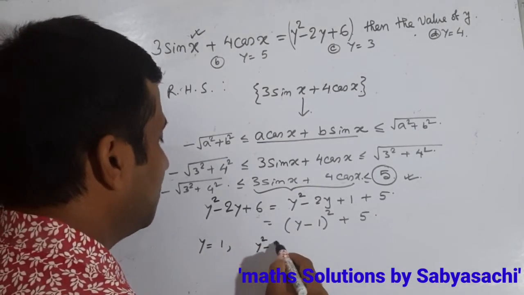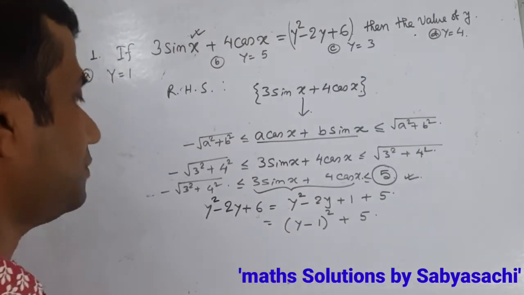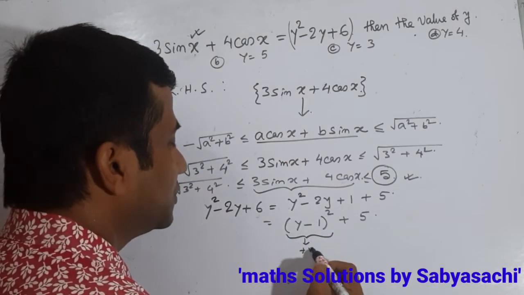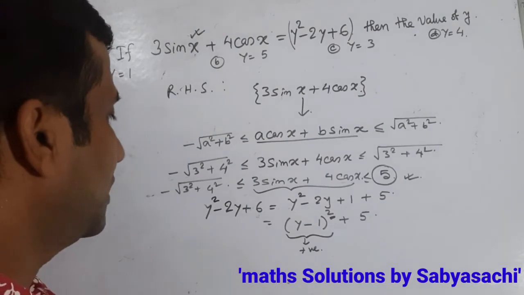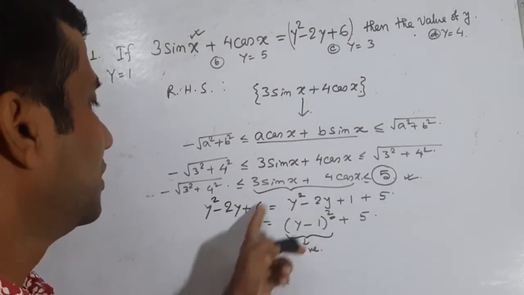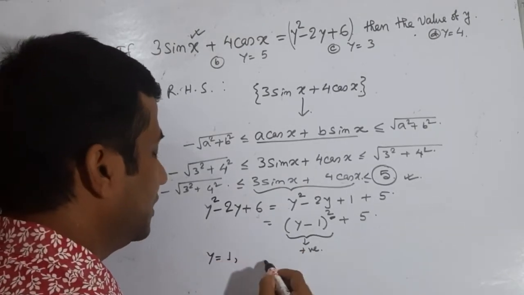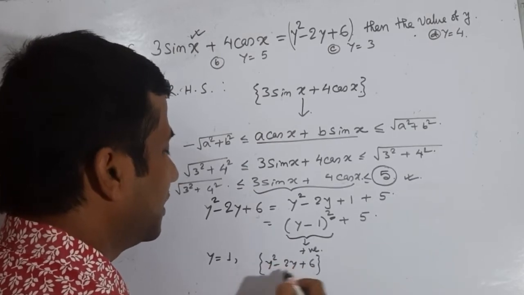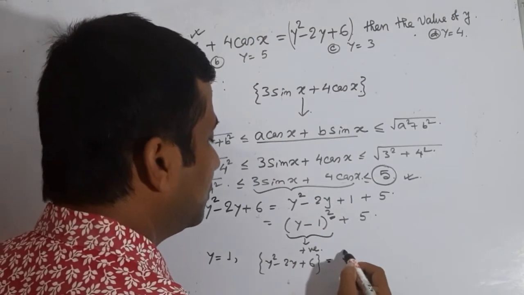y square minus 2y plus 6. This is always positive because it is a whole square plus 5, so its minimum value will be when y is equal to 1, and the minimum value is equal to 5.